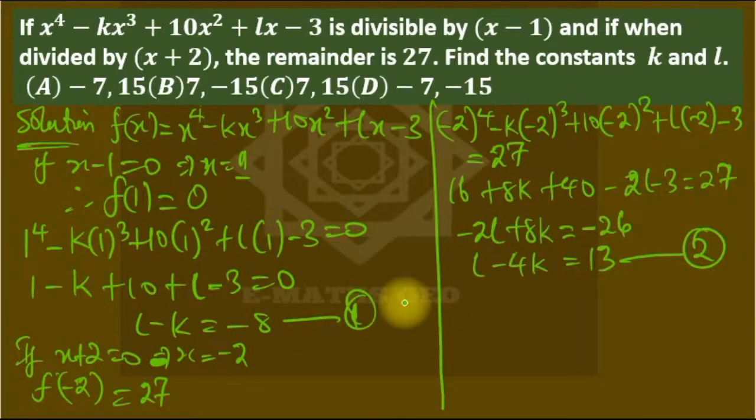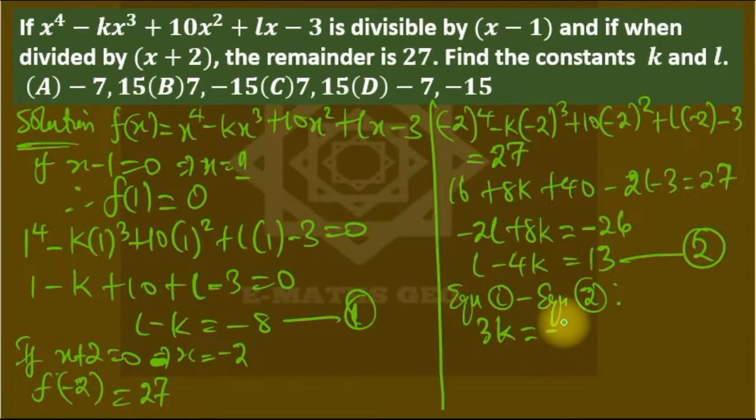So we solve equations 1 and 2 simultaneously by elimination. If we do equation 1 minus equation 2, we eliminate l. l minus l is gone, minus k minus minus 4k gives us 3k. Minus 8 minus 13 is minus 21. So k is minus 7, that's minus 21 over 3.